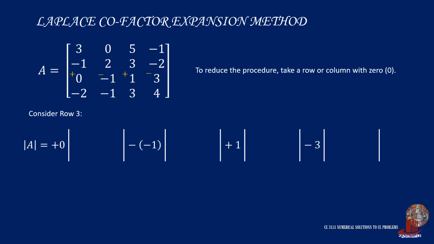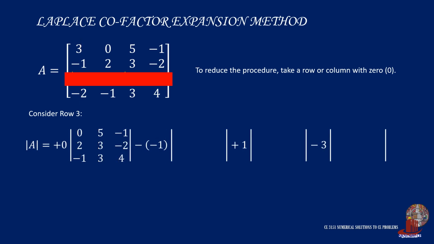Then identify the minors. Cover the first column and have the remaining elements as minors for the first term. Now cover the second column and place the remaining elements into the second term. Also take note that the operation is minus and the scalar is negative 1.